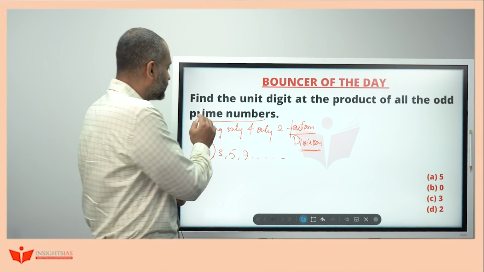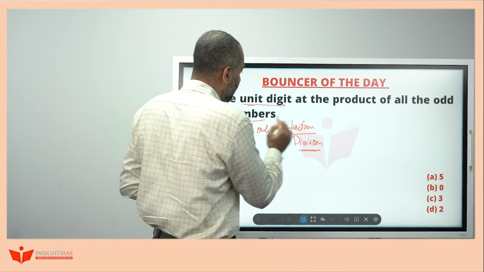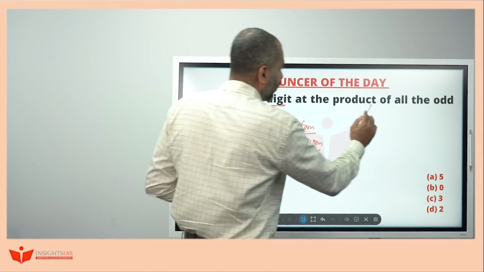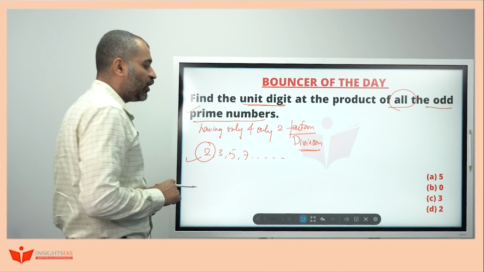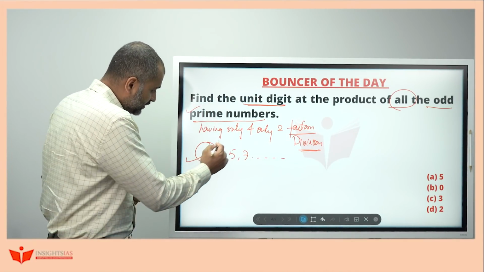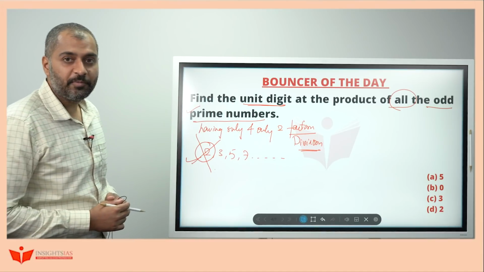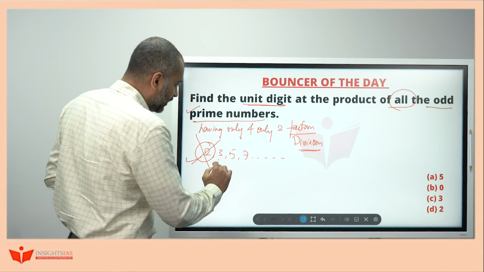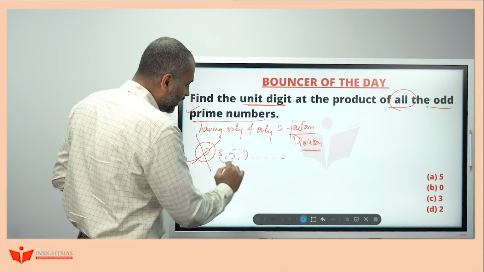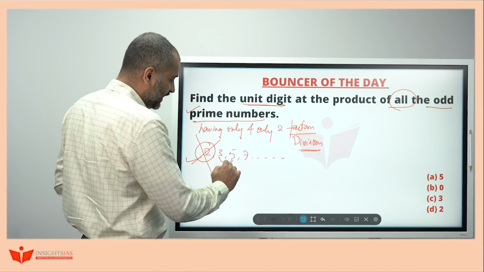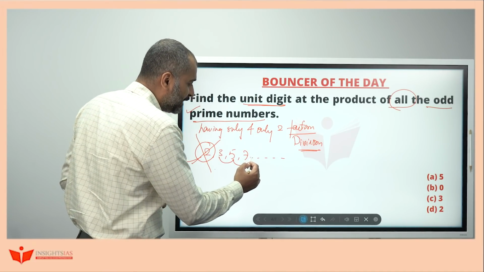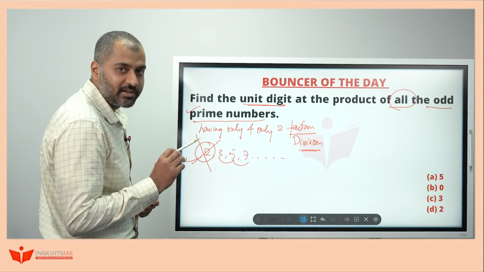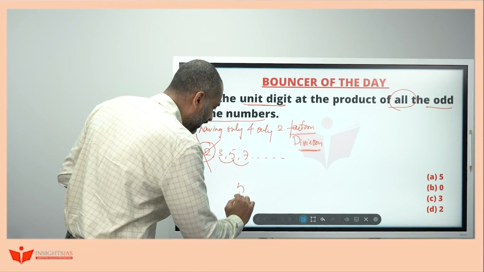But what is he asking for? See, look at the keywords. Find the unit digit. We need only the unit digit of the product of all the odd prime numbers. All the odd prime numbers means we cannot consider 2. If you multiply all the odd prime numbers, 3, 5, 7, anything, if you get 5 and it is multiplied with any odd digit, then again at the end you will get 5, right?